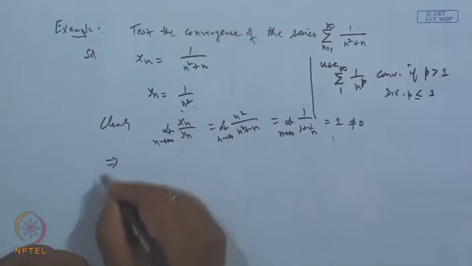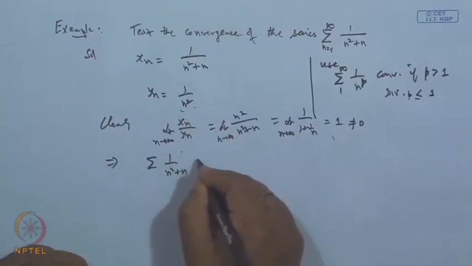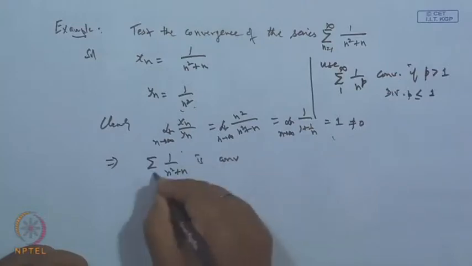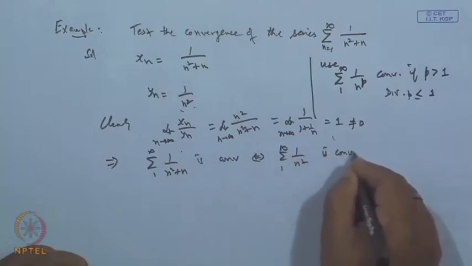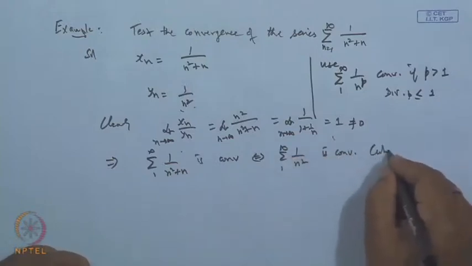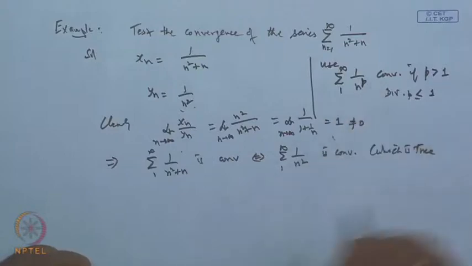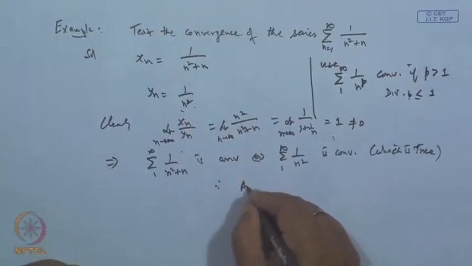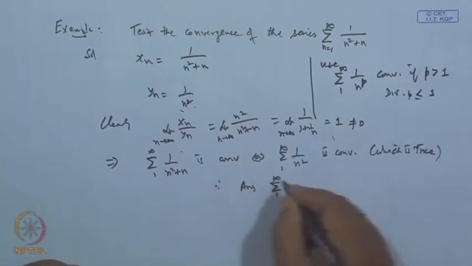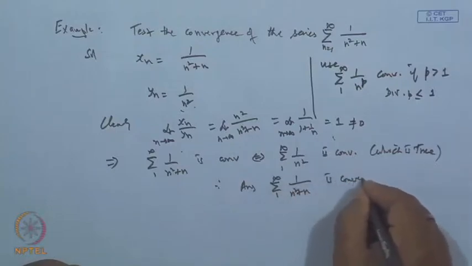This implies that sigma 1 over n square plus n is convergent if and only if sigma 1 by n square is convergent, which is true because of this. Therefore, the answer is the series 1 over n square plus n, n from 1 to infinity, is convergent.